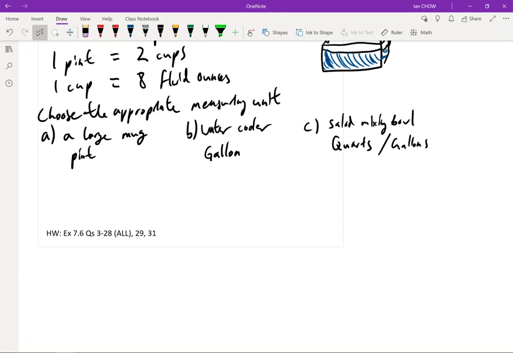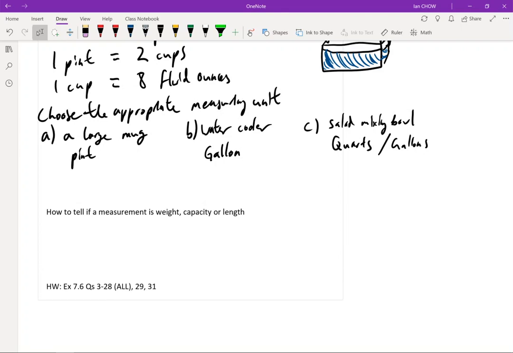Matching: how do we tell whether a measurement is a capacity or a length or a weight? Now I know we didn't talk about height or length here, but I'm going to do several examples really quick.